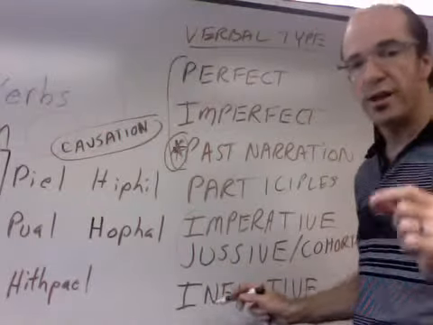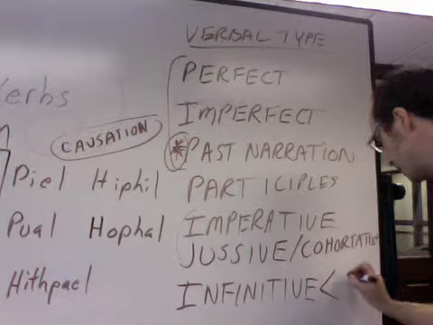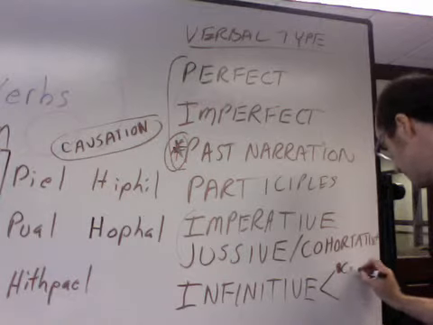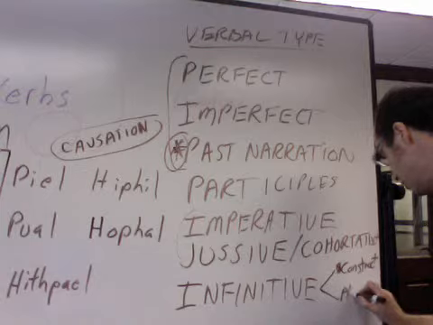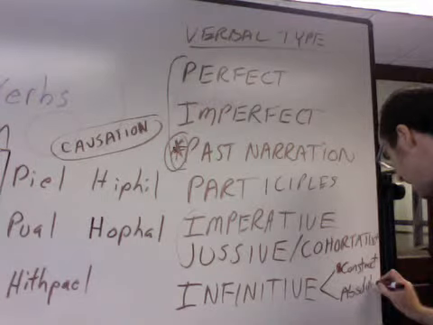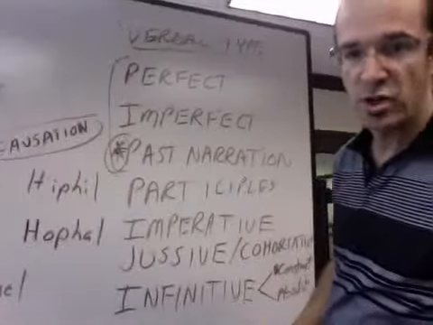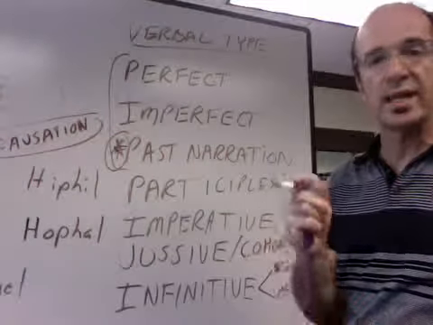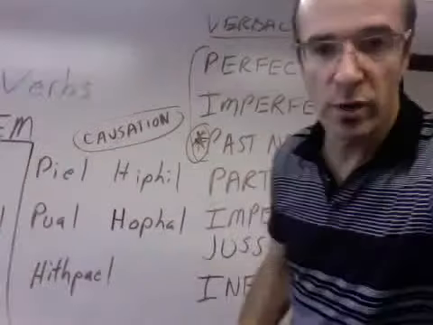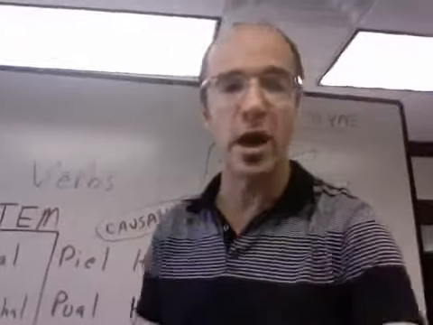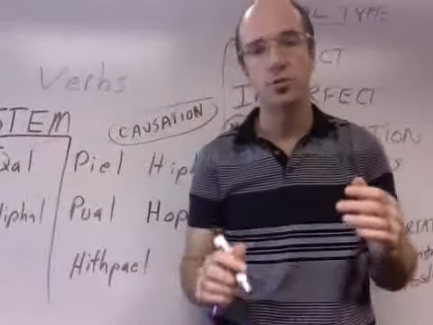And then there are infinitives, and there are two kinds of infinitives: the infinitive construct and the infinitive absolute. Both of these have distinct uses. So it isn't enough to call something an infinitive; you need to say what kind of infinitive it is. Whenever you find one of these verbal types, you're going to want to look it up in Arnold Choi and describe how it's used.